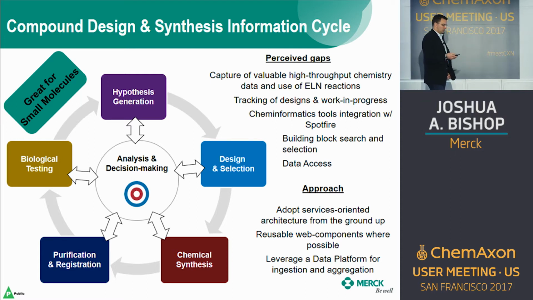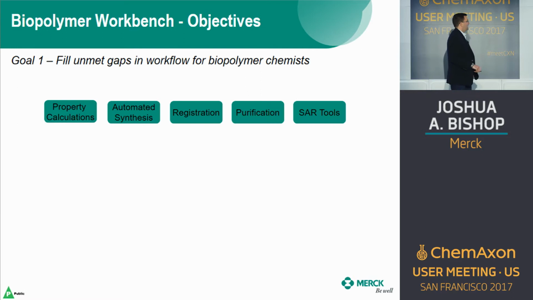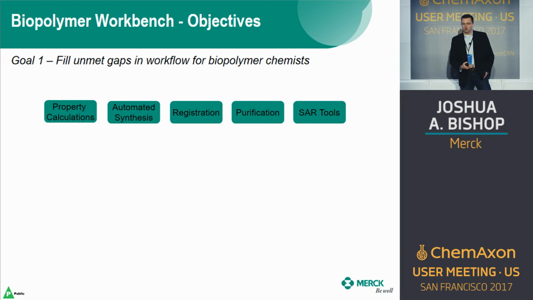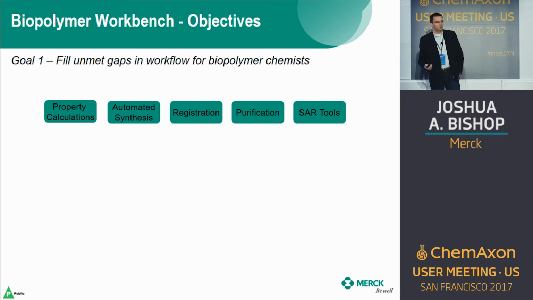The problem becomes when we start to look at this from a biopolymer perspective, right? We need to fill some of these unmet gaps within these particular workflows, specifically for biopolymer chemists. Biopolymer chemists have different property calculations than small molecule chemists do. They have different synthetic procedures and synthetic tools. They have automated synthesizers that we need to integrate with. Their registration needs are different.